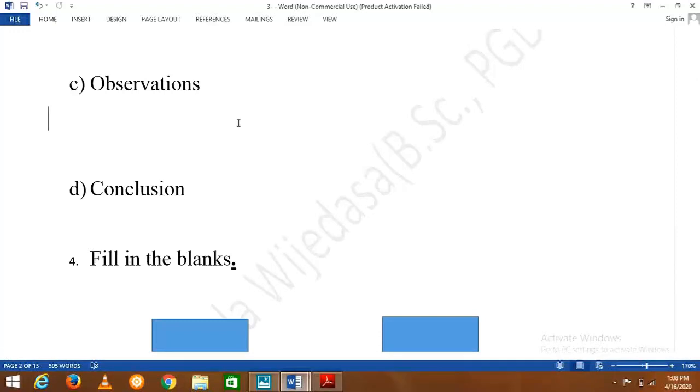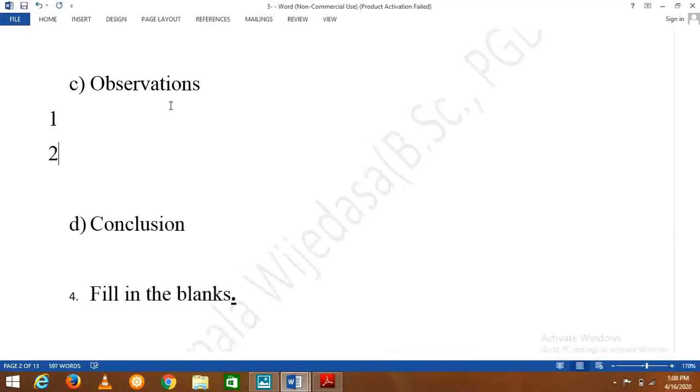The observations are, first one, ice cubes will melt and form liquid water, and second observation is, on further heating, this liquid water will be converted into water vapor. Then what is your conclusion?